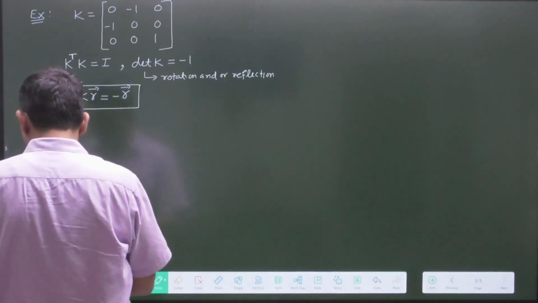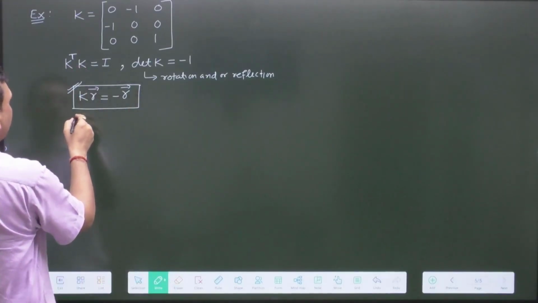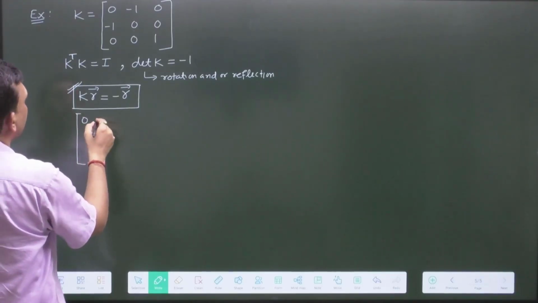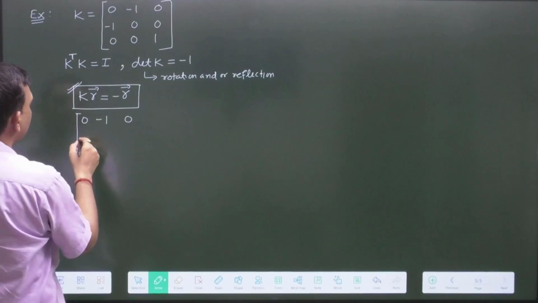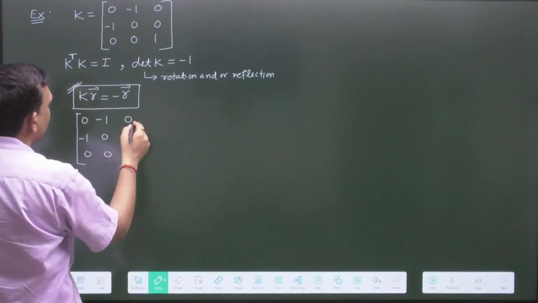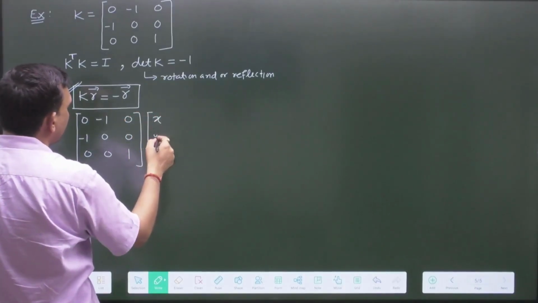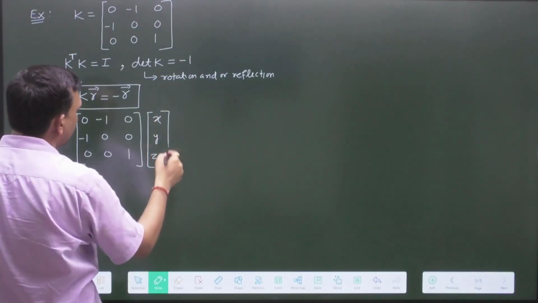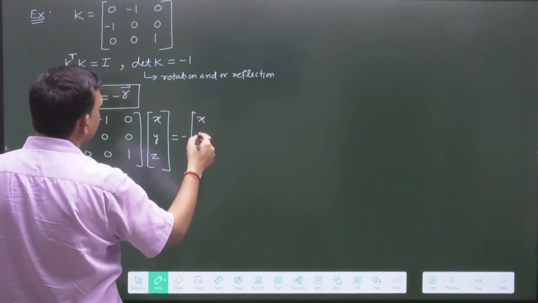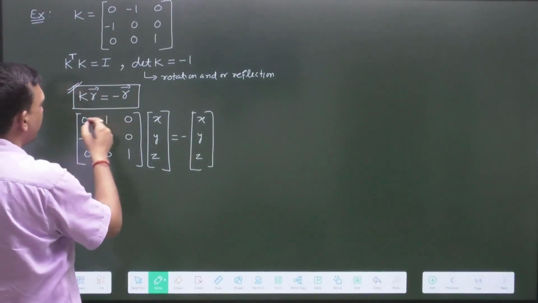So the K matrix is 0, minus 1, 0; minus 1, 0, 0; 0, 0, 1, times the vector X, Y, Z. This is minus Y, minus X, and Z, so row by column.